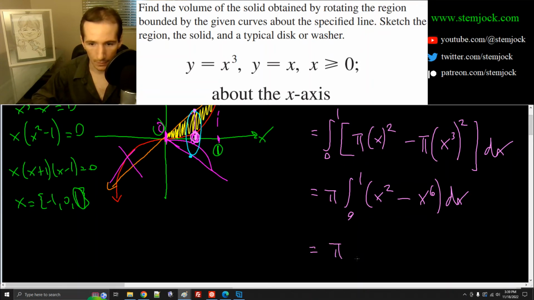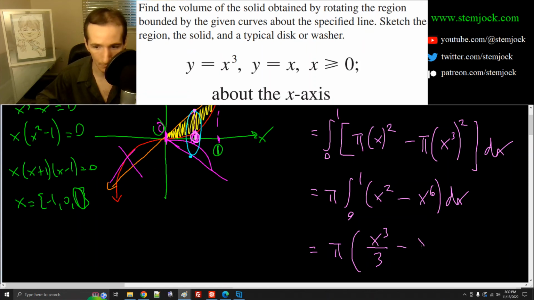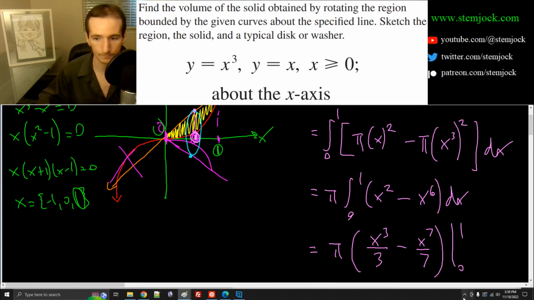Okay, so this is pi, and now to integrate x squared, I simply bump up the power by 1 to get x cubed, and I divide by that same number. And I'm going to do the same for the next term. I bump up the power by 1, and I divide by that same number. And I evaluate it from 0 to 1.